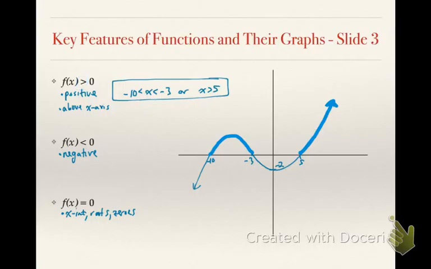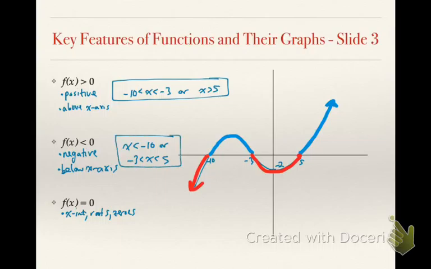Now negative is going to occur wherever the function is below the x-axis. Okay, so below the x-axis occurs here and here. So below the x-axis is x is less than -10, or -3 is less than x is less than 5.